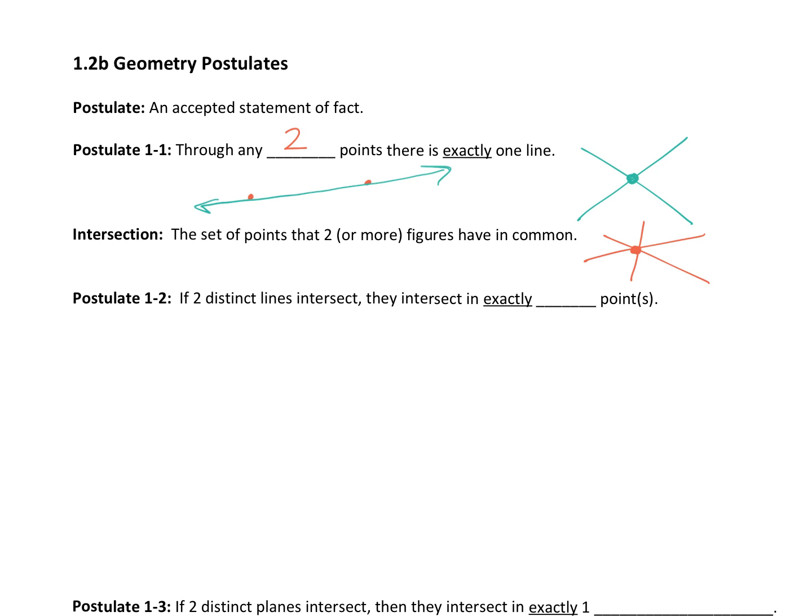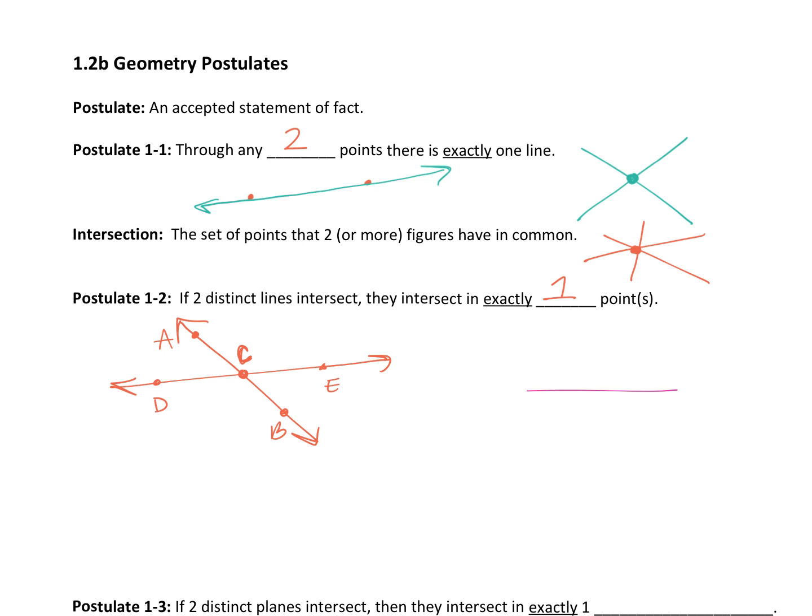If 2 distinct lines, 2 separate lines meet, they're going to meet at exactly 1 point. So we would say in something like this that C is the intersection of line AB and line DE. Point C is the only point that those 2 lines touch at.